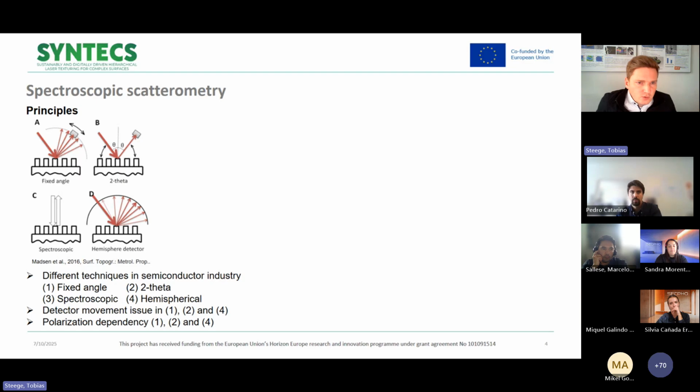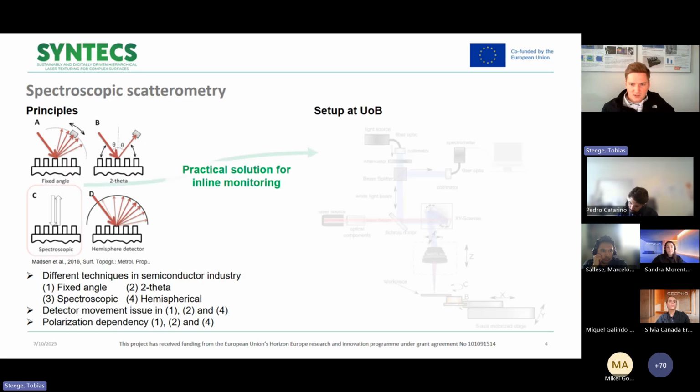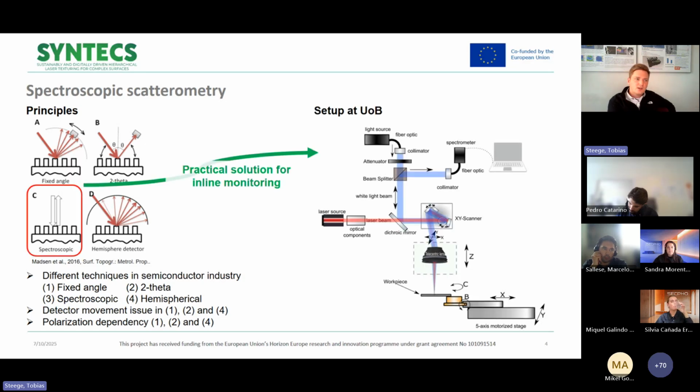We tried spectroscopy, so we wanted to see if we can measure the micro texture quality by spectroscope. What we did in the project is we developed a method where we directly included the spectroscope measurement in the beam path of the micro texturing head itself.